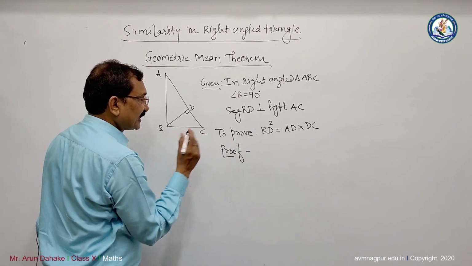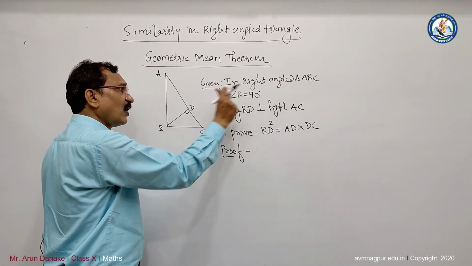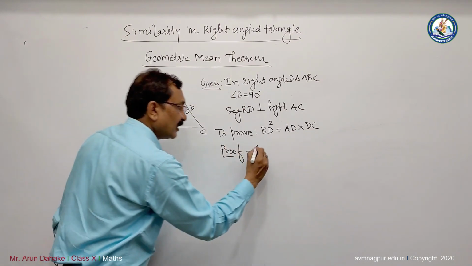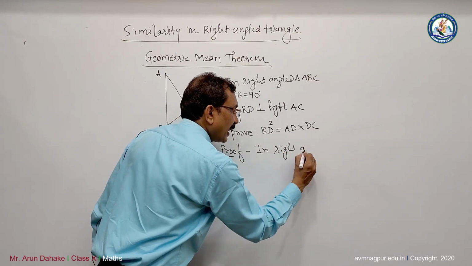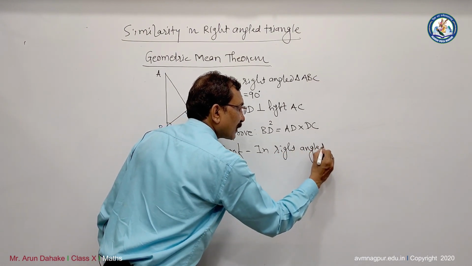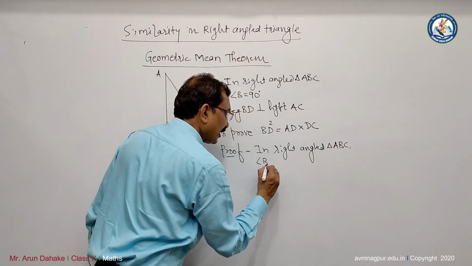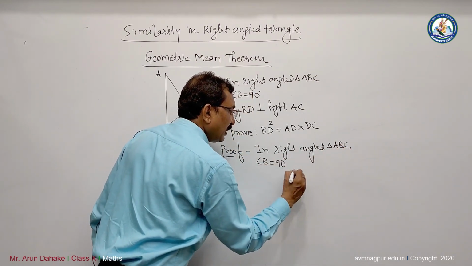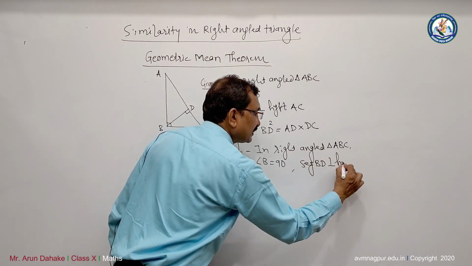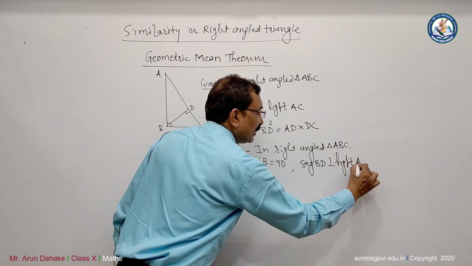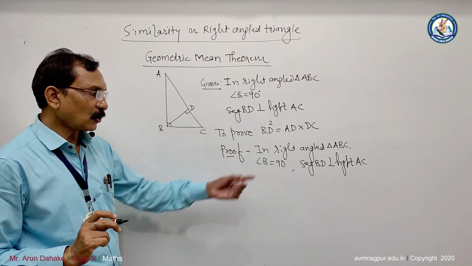Now, this condition is given here, right angle triangle, and this is the condition for similarity in right angle triangle. So, in right angle triangle ABC, B is equal to 90 degrees and segment BD is perpendicular to hypotenuse AC.